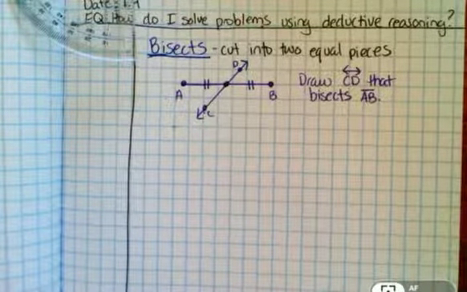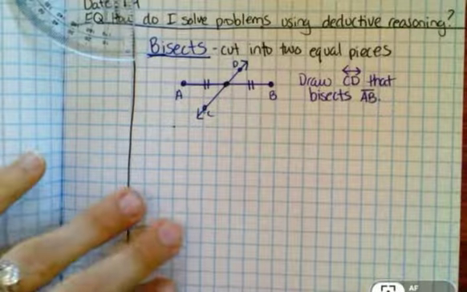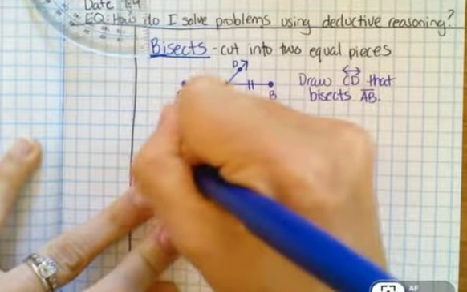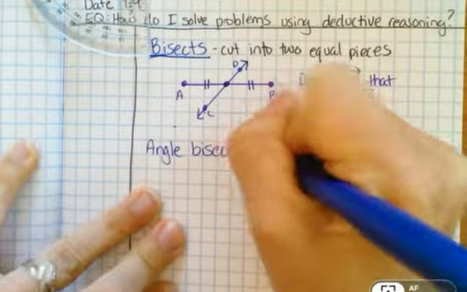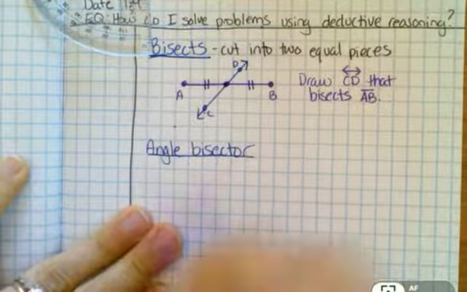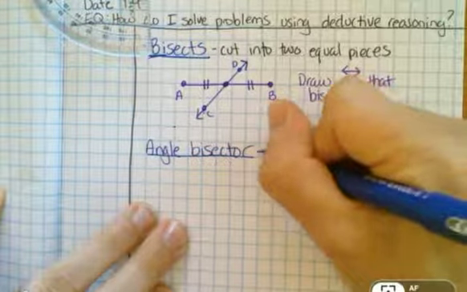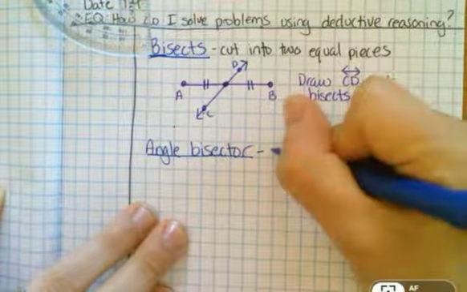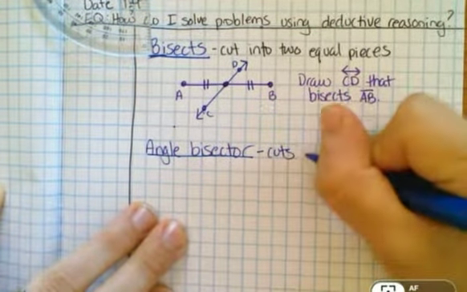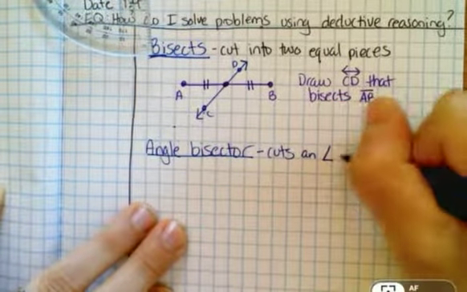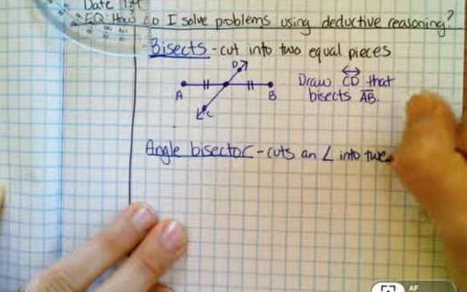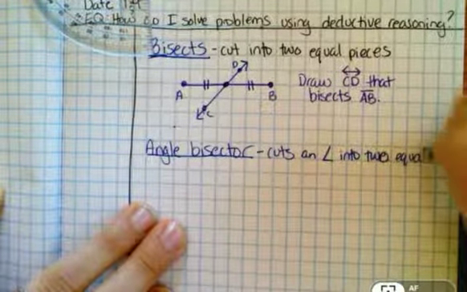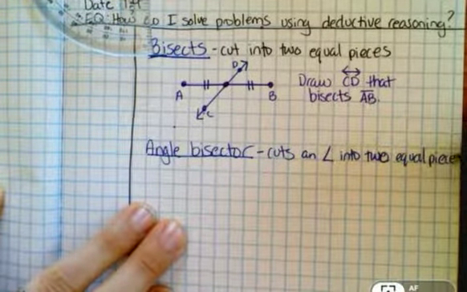All right. But then we might have an angle bisector. And it's probably what you think it is. It's something, anything, that cuts an angle into two equal pieces.